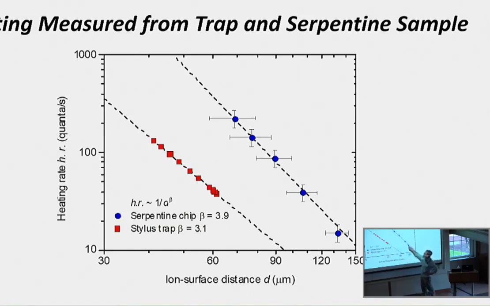And then this would be the data that you get for heating from the sample. These are his distances. We know those because we measure them, maybe not very well. And his heating is an order of magnitude higher than the clean trap. So that makes sense.